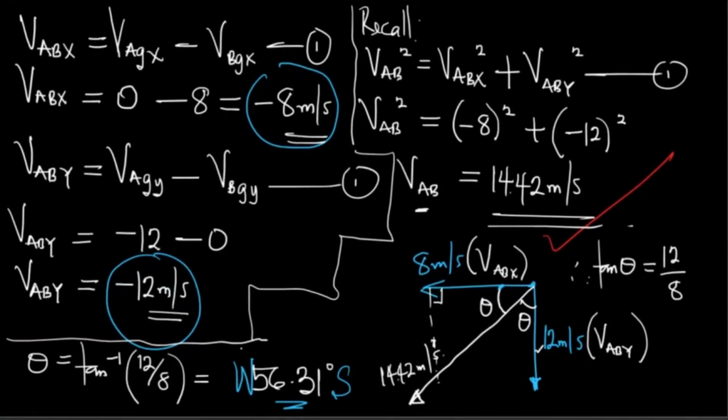So this front here is going to be south and this is going to be west, because the angle is touching this. So that's why you have to consider this first is west, 56.31 degrees south. Of course, this is southwest or west south, I don't know this direction, but this is how you write it. So that's the direction.